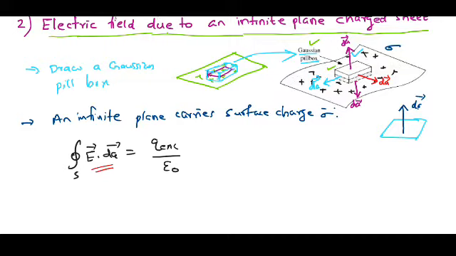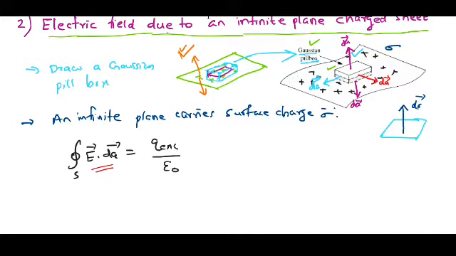What about the direction of the electric field? If it is positively charged, if you refer to this figure, from a positive charge, electric field will be emerging away from the charge.